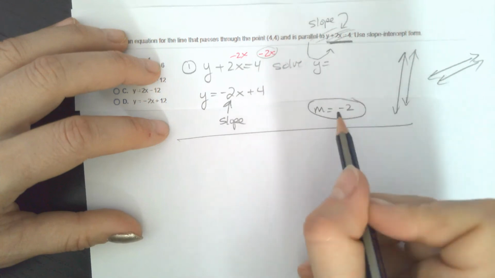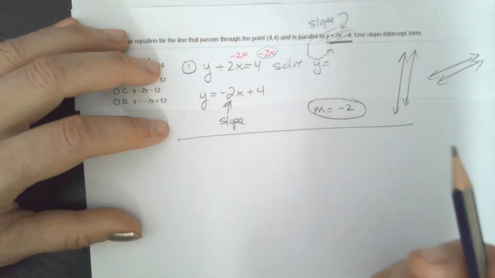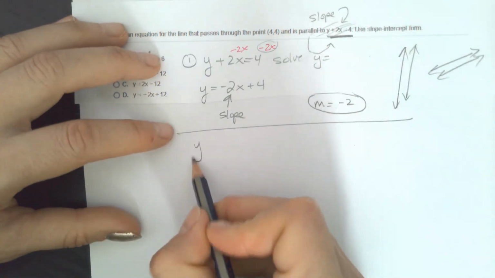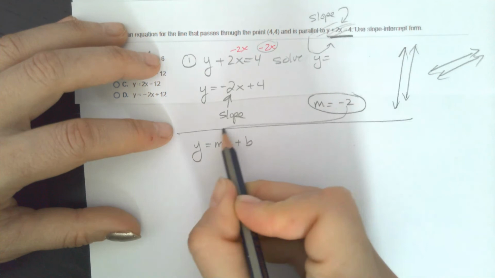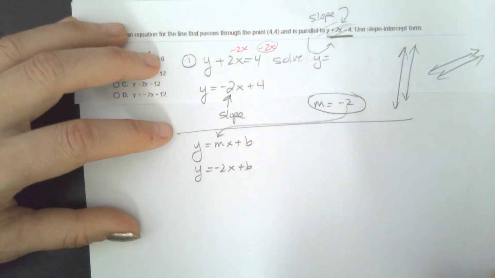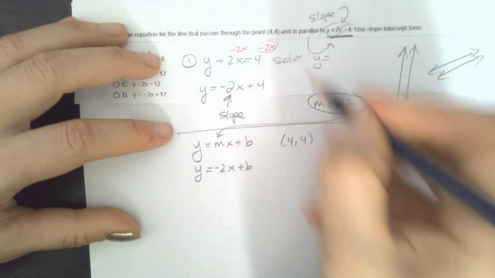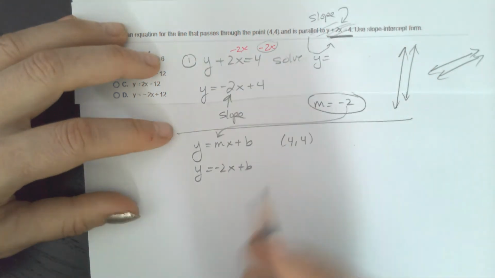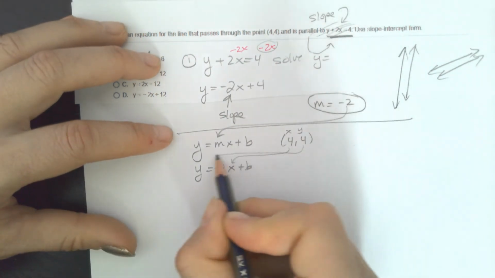So now it has the same slope and it goes through this point. Well, pretend I don't know what to do. I go, okay, what's my favorite equation? Oh, I can put this in here. And I have a point, 4, 4. Well, this is x and this is y, so I can substitute these values in here.